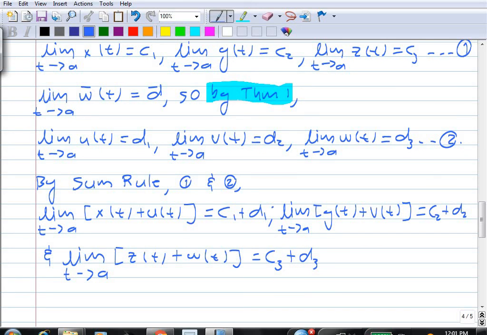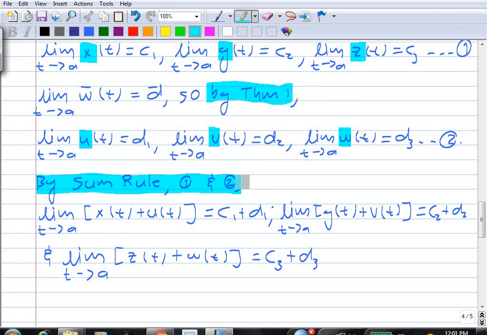So what have we got? Well, we used theorem 1 to show that the limits of these scalar functions x, y, z, u, v, w all exist and equal c1, c2, c3, and so on. And then we applied the sum rule for scalar functions to see that the limits for the components of r plus w exist.